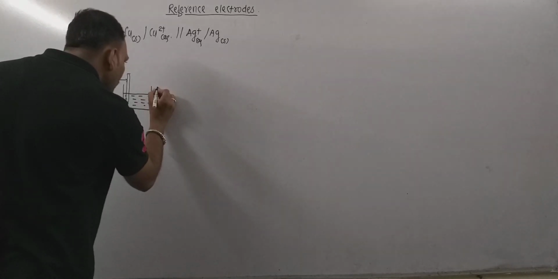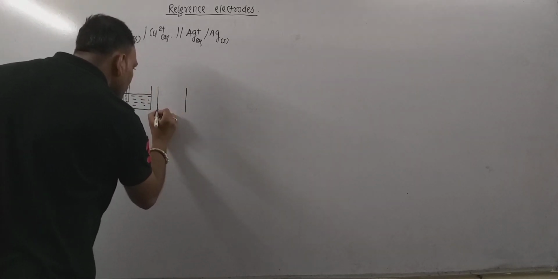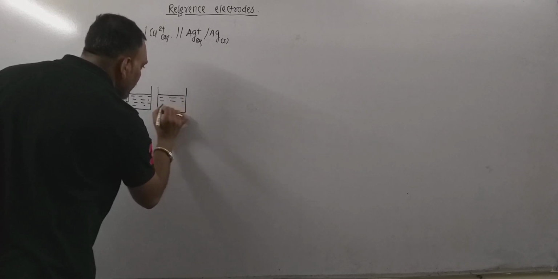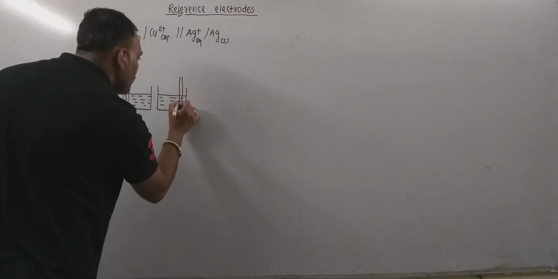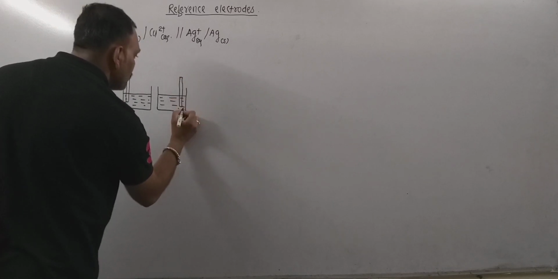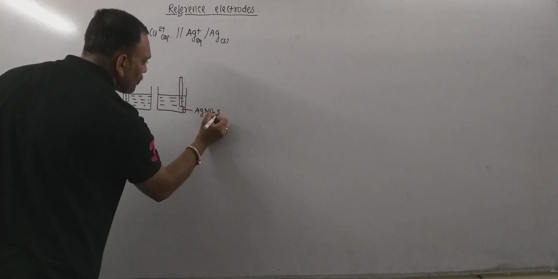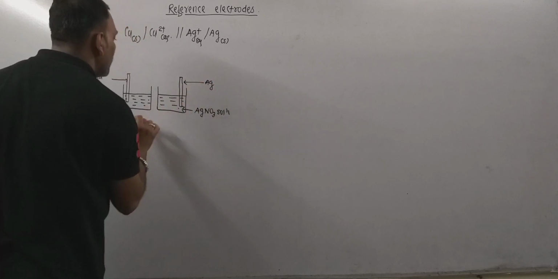Now in another beaker, a salt of silver, say AgNO3, that is silver nitrate, and a silver electrode is immersed in it like this. So this electrolyte solution is AgNO3 solution in which a silver rod is immersed.